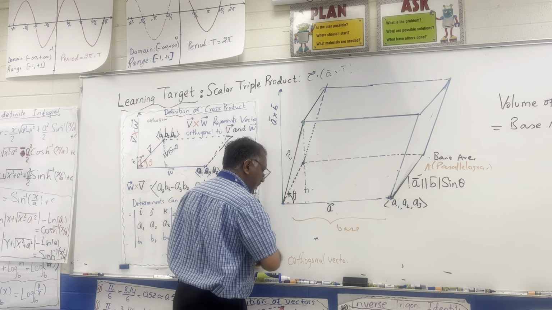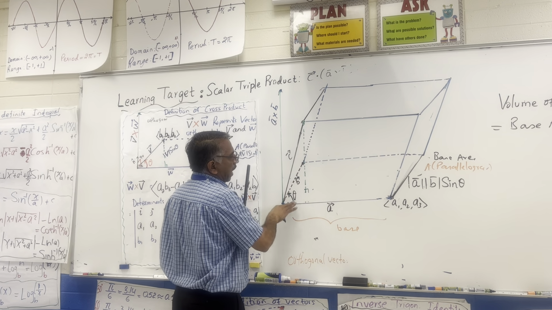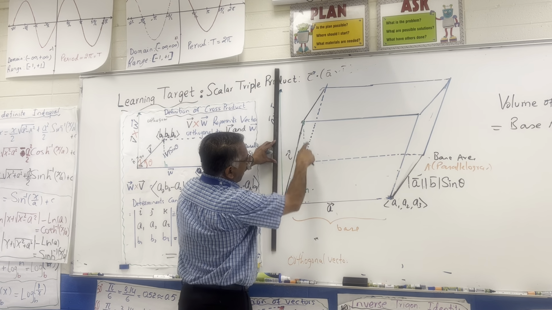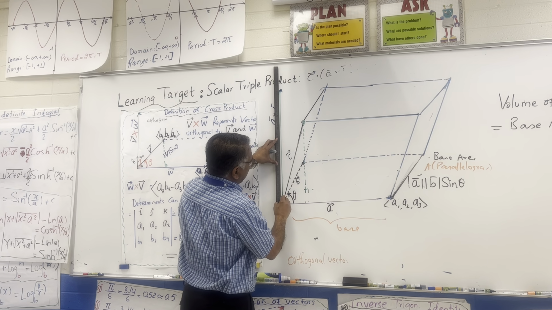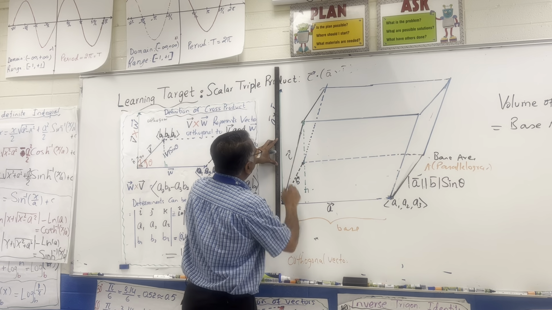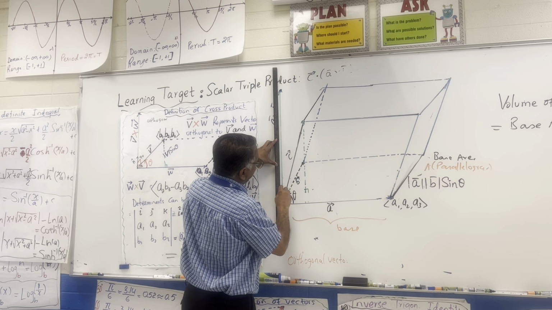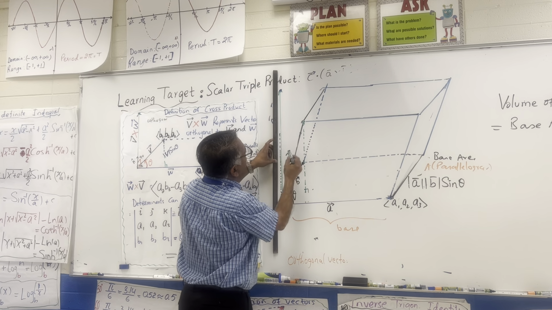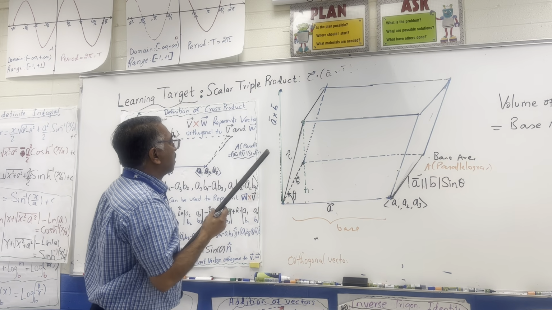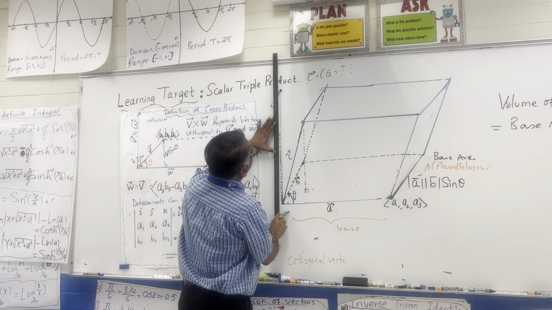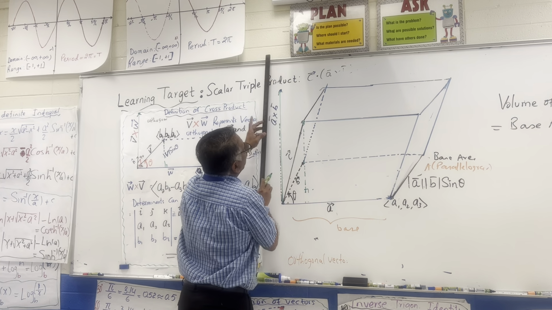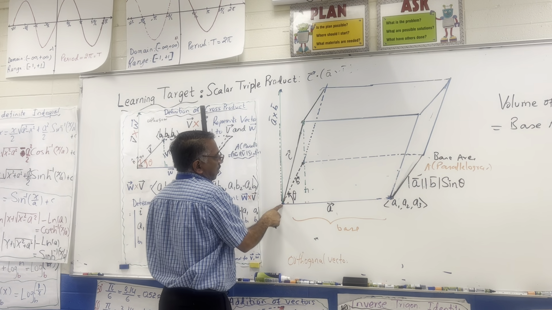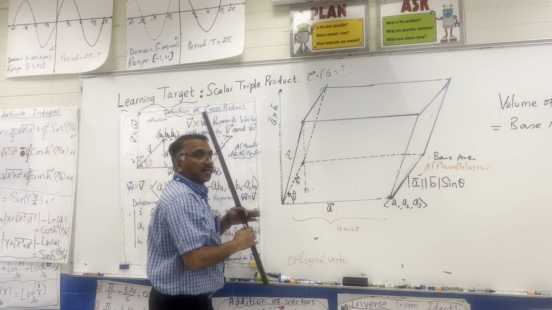And this green one is perpendicular to the black and the blue. So what you see is maybe the height. The dotted one is right here. From here, we want to know what that height is. It may look longer and this looks shorter, but they are the same dotted line.